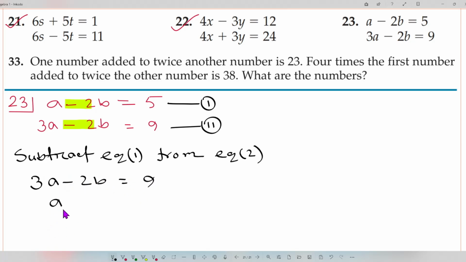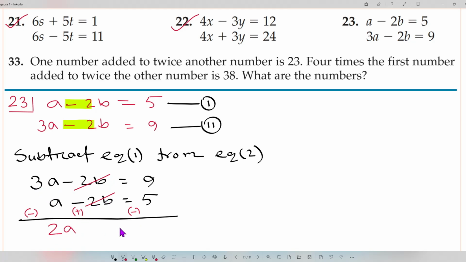Then here a minus 2b equals 5. Once we subtract, the second equation's signs will be changed. So minus 2b plus 2b is out. 3a minus a will be 2a, and then 9 minus 5 is 4.